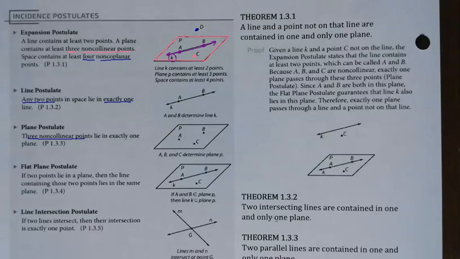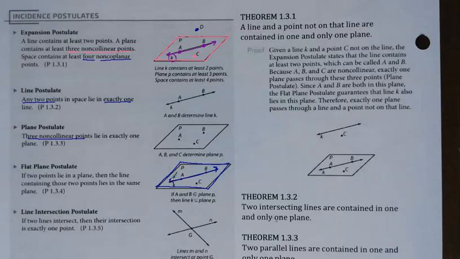Okay, then we have a flat plane postulate. If 2 points lie in a plane, then the line containing those 2 points lies in the same plane. So all it's saying is that the line and the points are in the same plane.